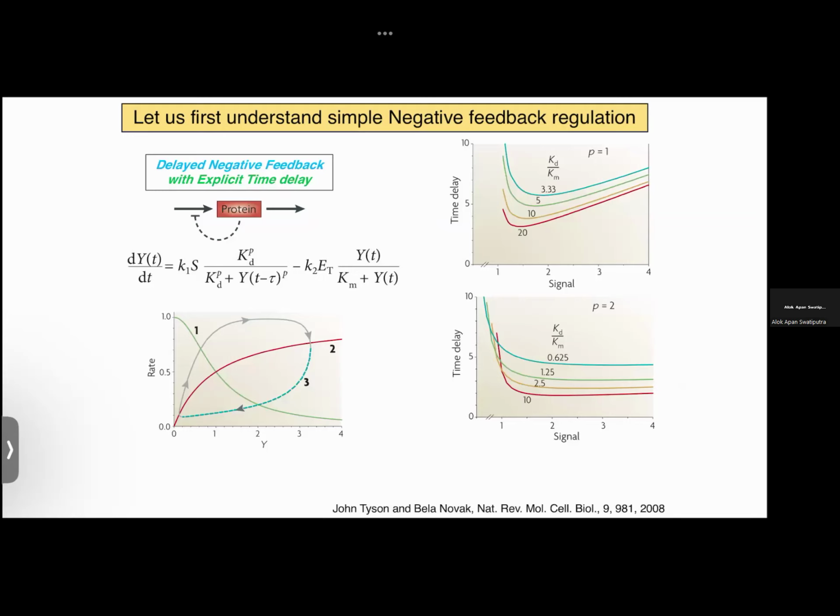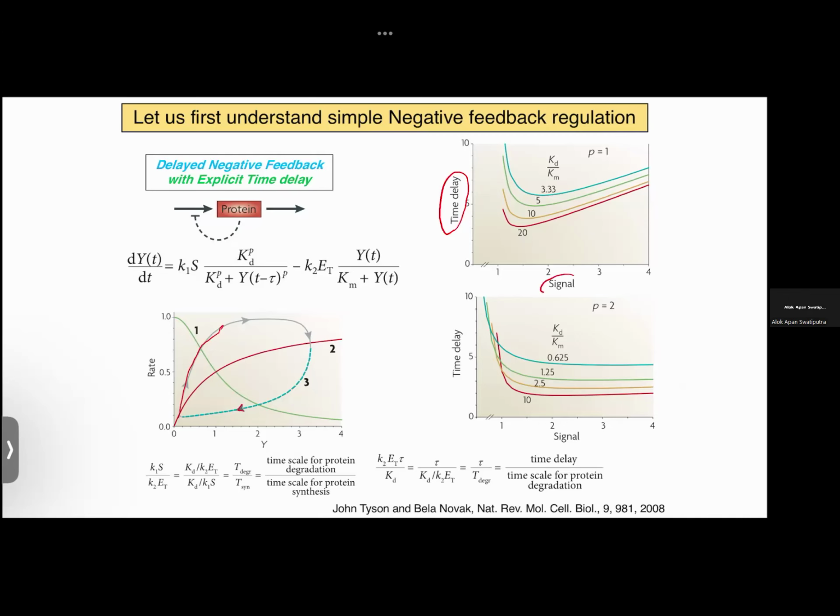Now, to analyze a time delay system, which overshoots and undershoots, what you do is take a dimensionless value of your time delay and a dimensionless value of your C. And how do you define it?